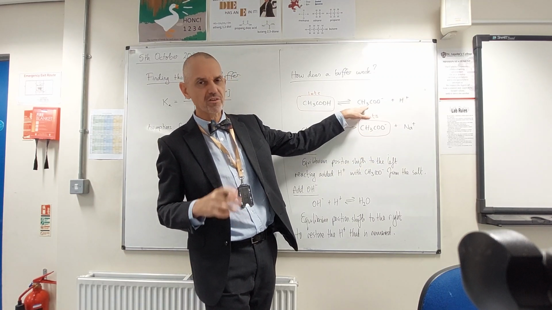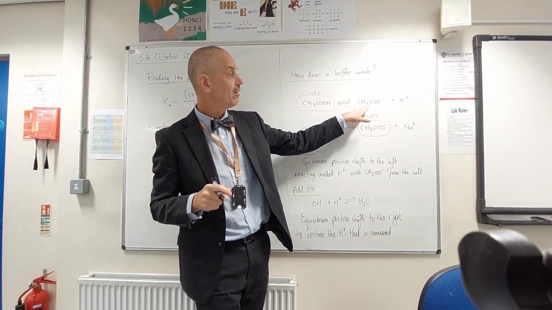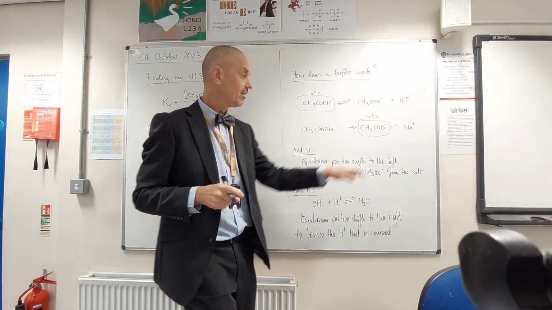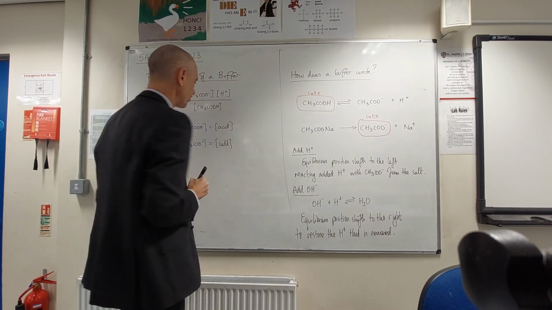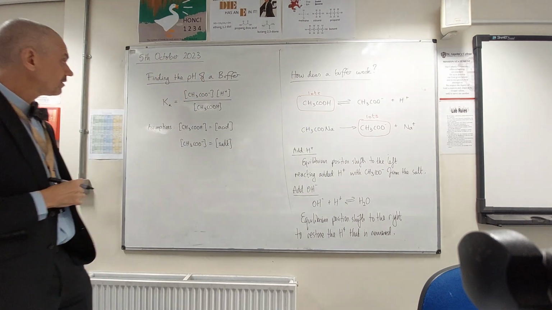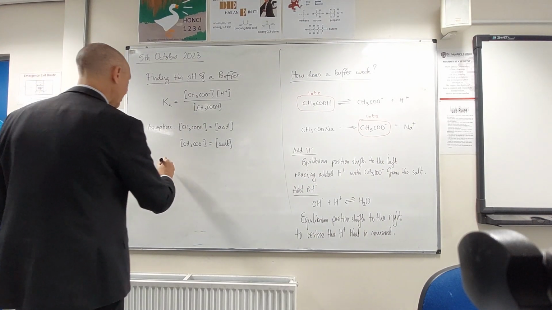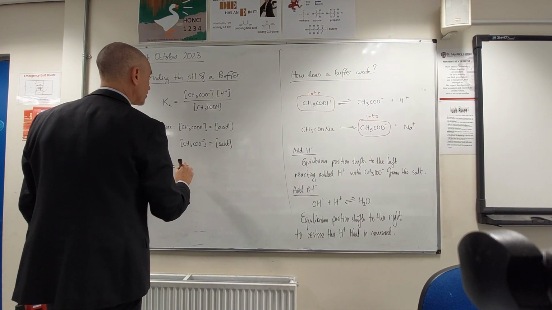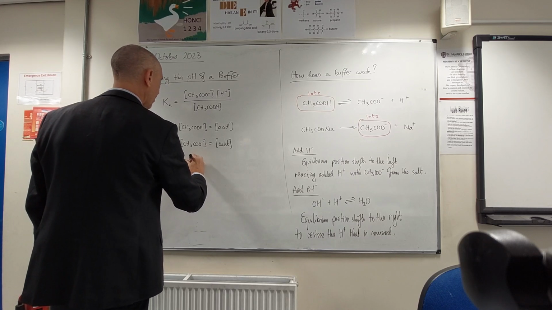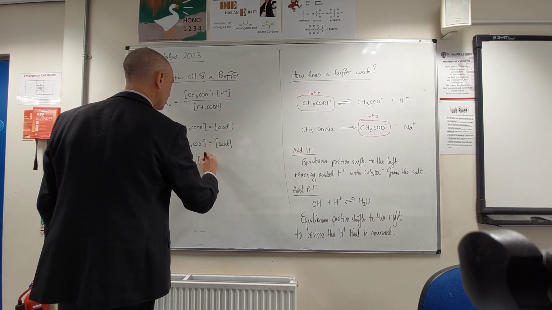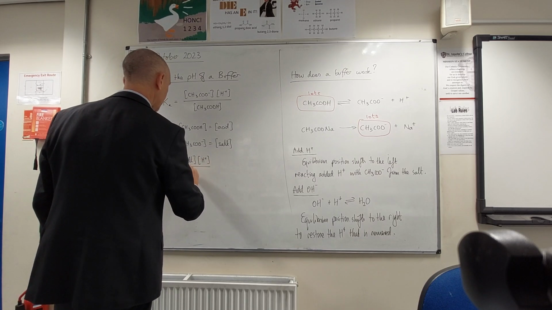So let's ignore the small 1% error of the ions from the acid and pretend they all come from the salt. Okay, now if I substitute those in, I've got the concentration of the salt times H plus over the concentration of the acid.